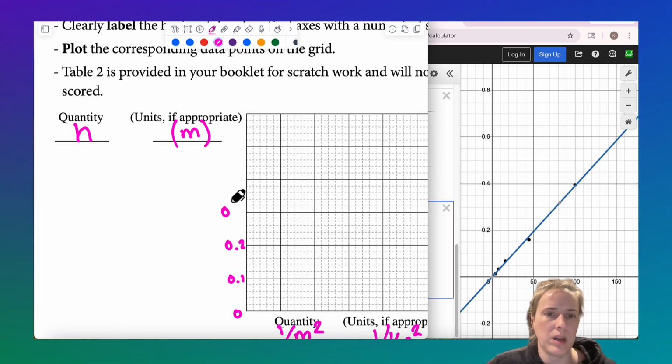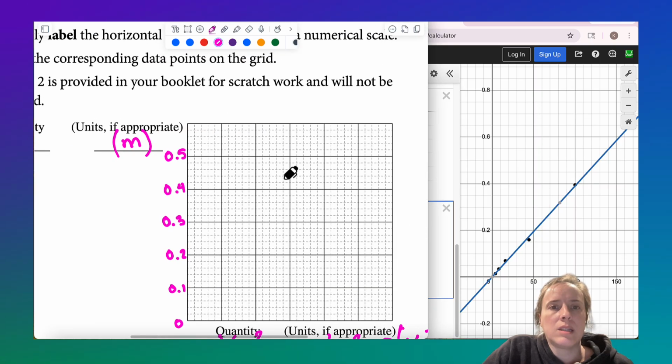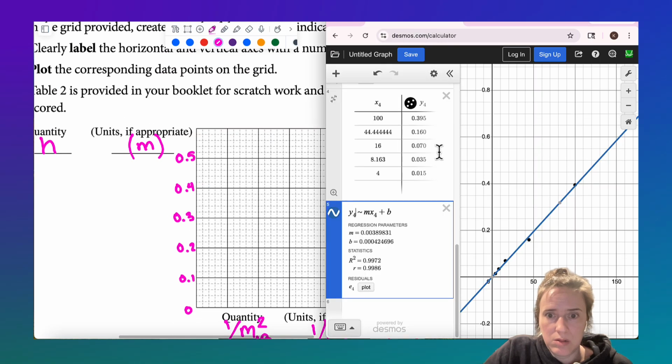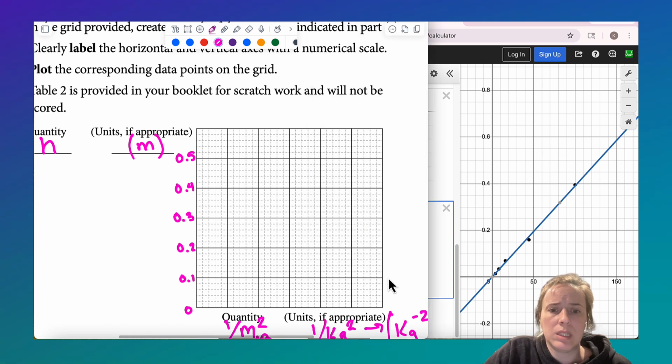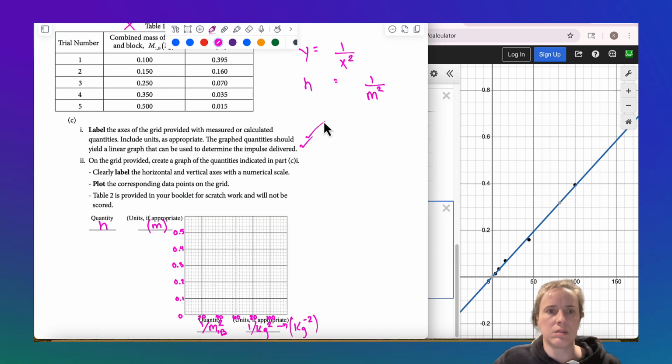You're not going to get all the way up, but there's not really a nicer way that's not going to require lots of fractions. Okay, on my x-axis, we did this over here for a reason. We're going up to 100. I've got 6 boxes to work with. Okay, we can count by 20s. 20 sounds nice. Check. On the grid provided, create a graph of the quantities indicated in part CI.